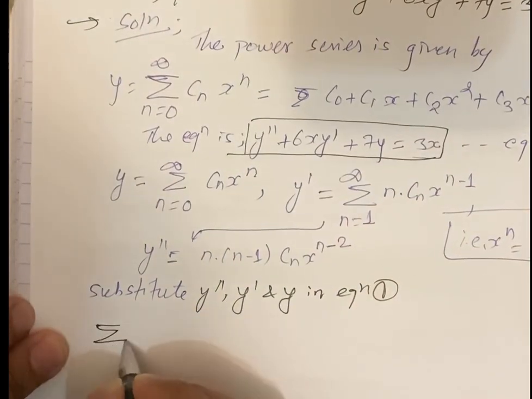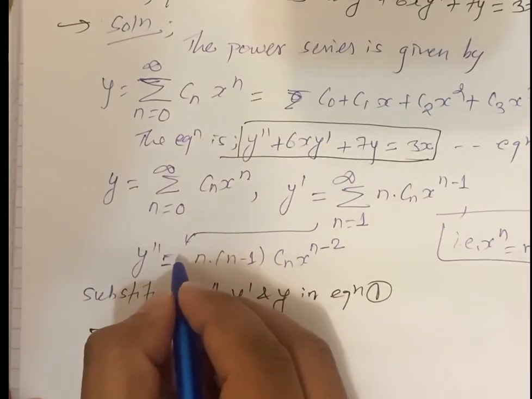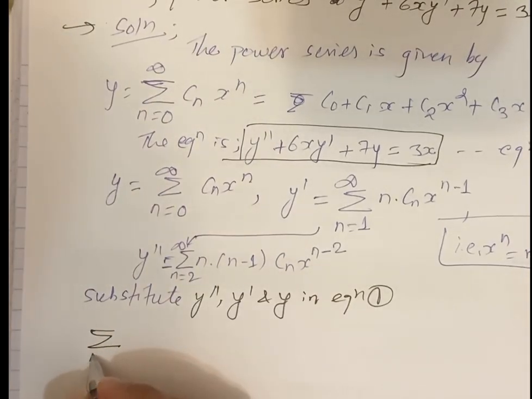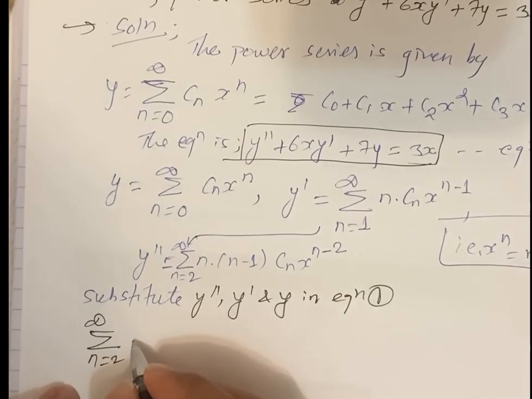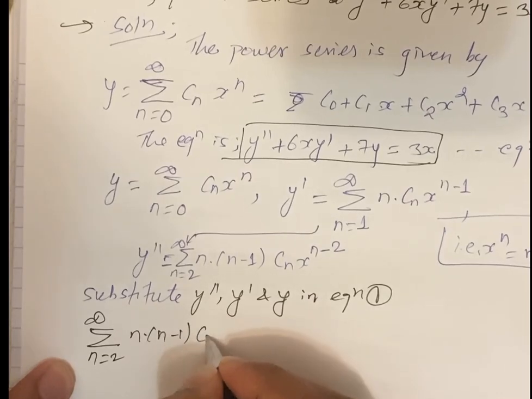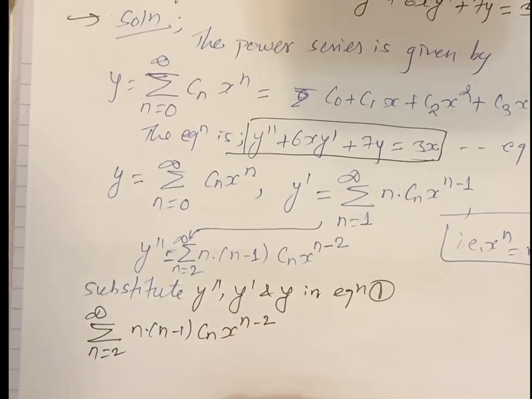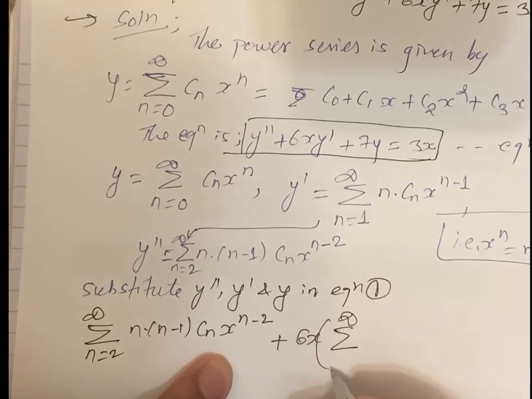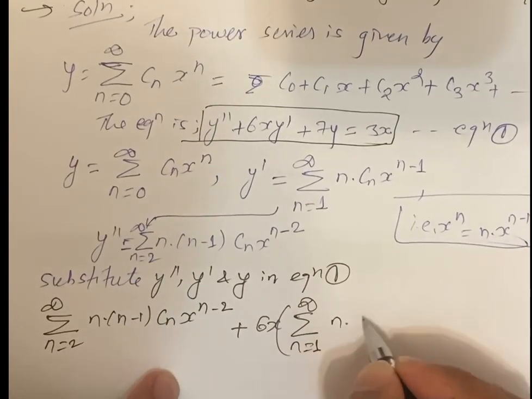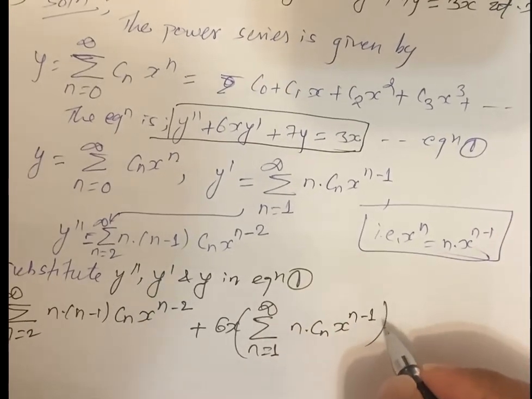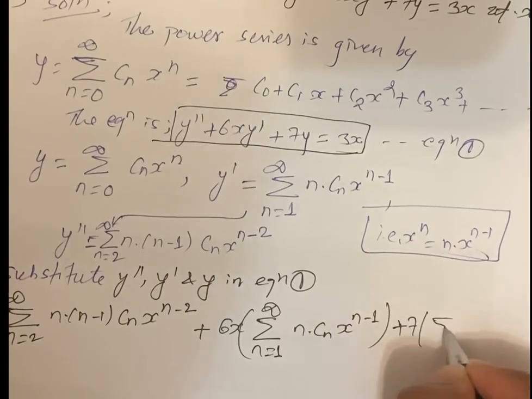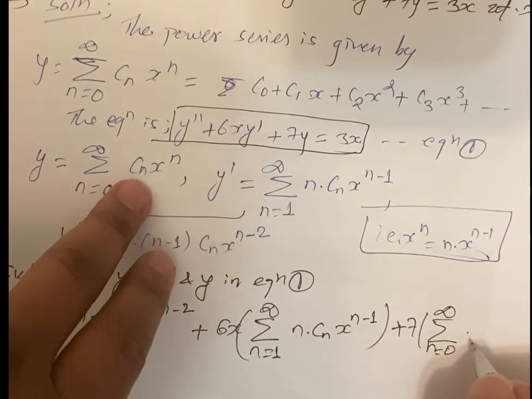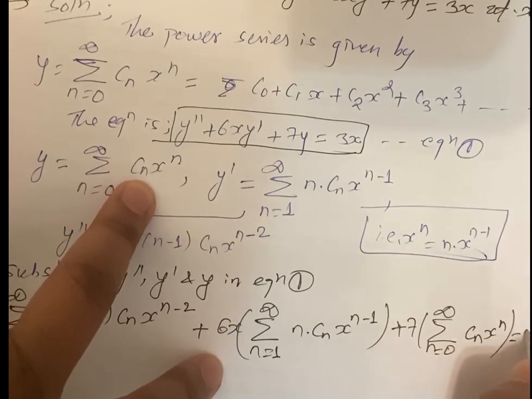The equation becomes: the sum from n equals 2 to infinity of n into n minus 1 Cn x to the power n minus 2, plus 6 into x times the sum from n equals 1 to infinity of n Cn x to the power n minus 1, plus 7 times the sum from n equals 0 to infinity of Cn x to the power n, is equal to 3x.